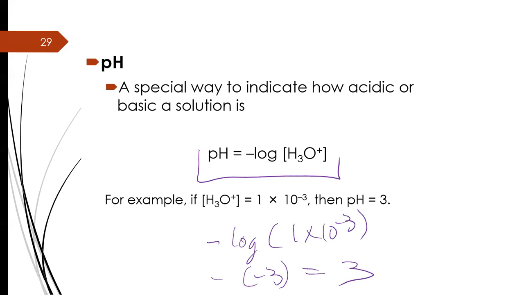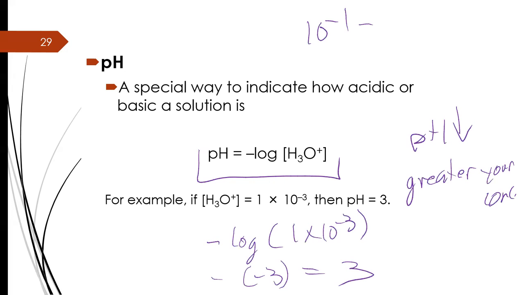Now, the thing to remember is that the lower your pH is, the greater the concentration. All right? Because 10 to the minus 1 is a pH of 1, and that's bigger than 10 to the minus 2, which is a pH of 2. So the higher your pH is, it's not more hydronium ions, it's actually less hydronium ions.